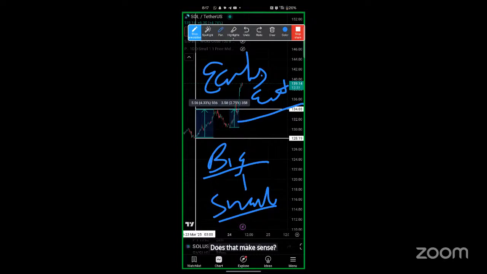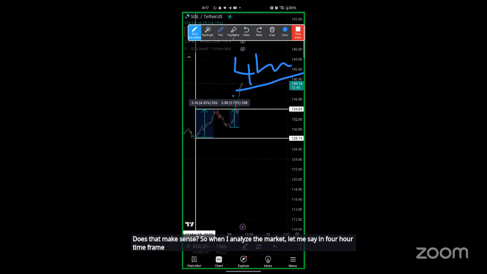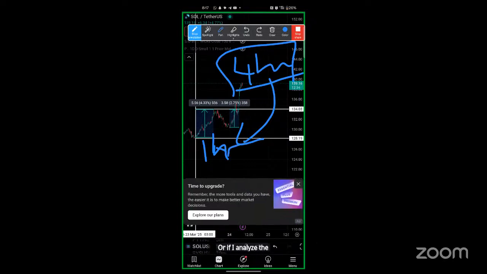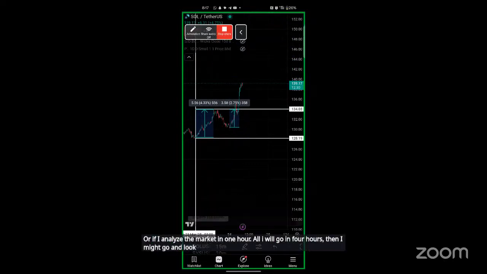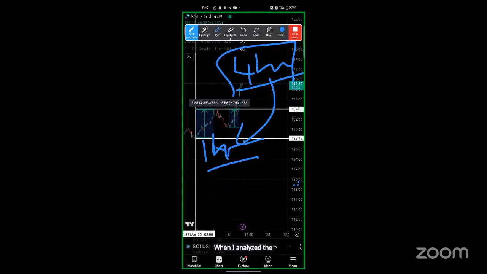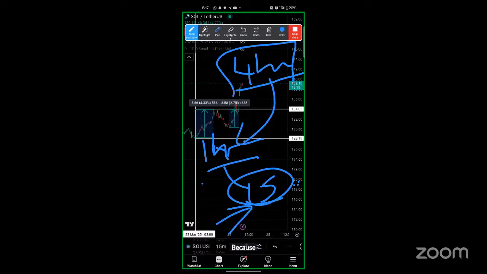So when I analyze the market in the 4-hour time frame, if I want to get out of the trade faster and make an earlier entry, maybe I will go and look at the market in 1 hour. Or I might go and look at the market in 30 minutes. When I analyze the market in 1 hour, then I will go and look at the market in 15 minutes. What am I looking for? Because this is a small picture and this is a big picture.